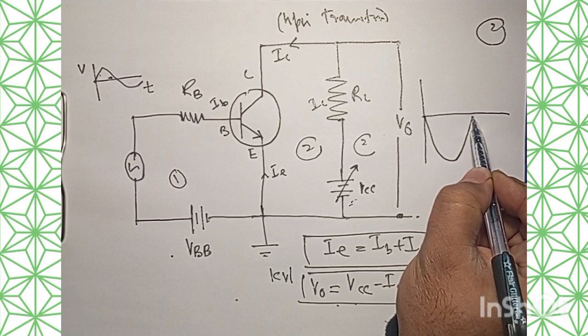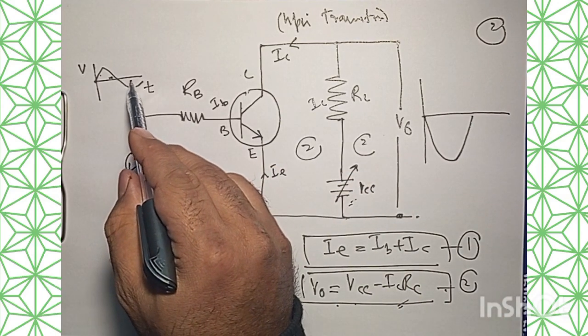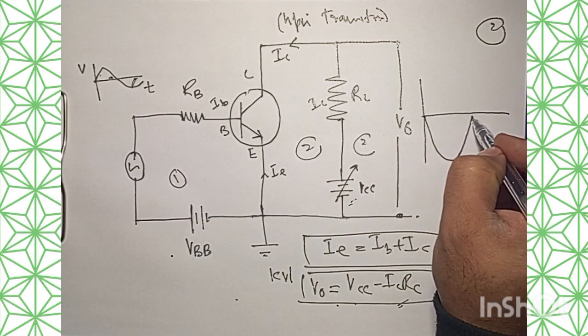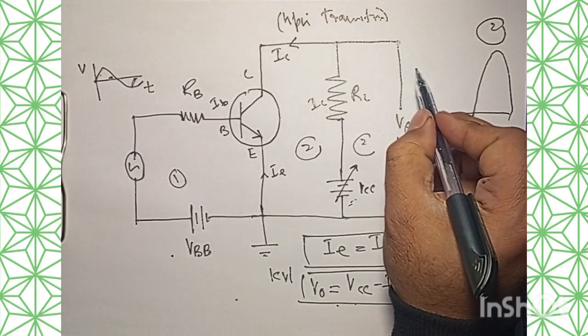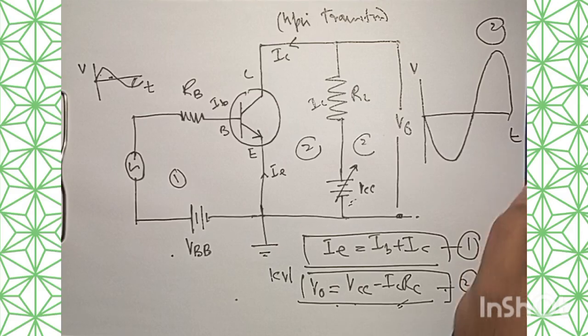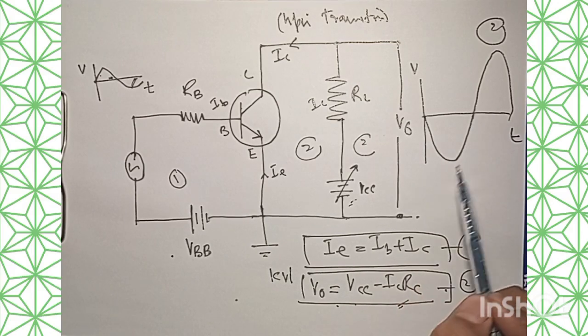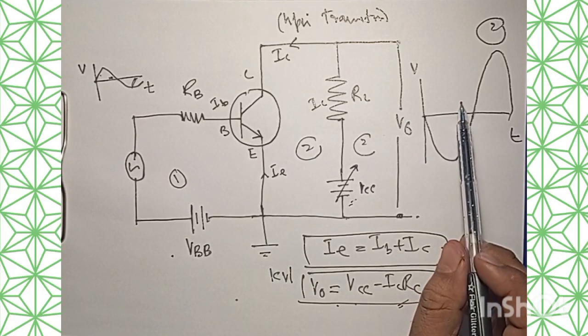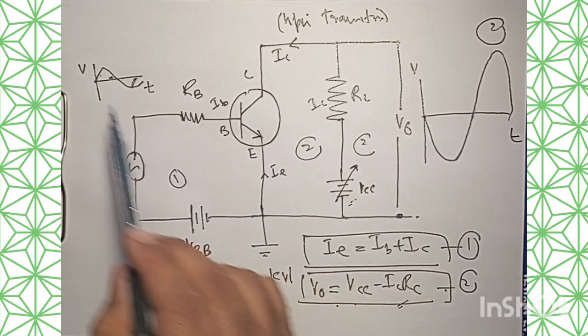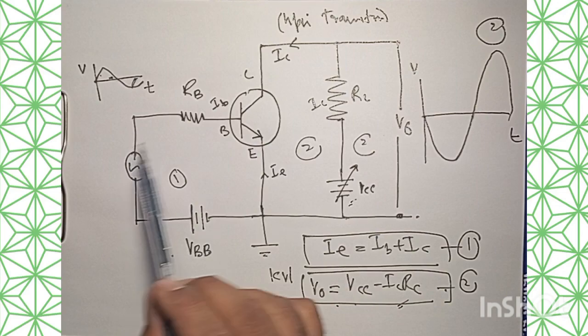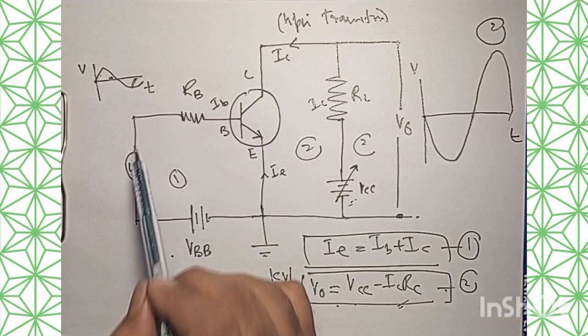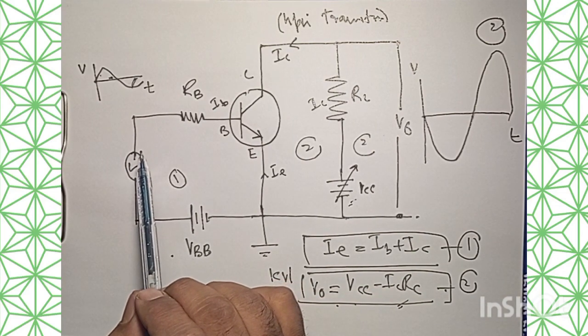So you can see here that the output signal we obtain is out of phase with respect to the input signal, and in addition, the magnitude of the signal has increased.